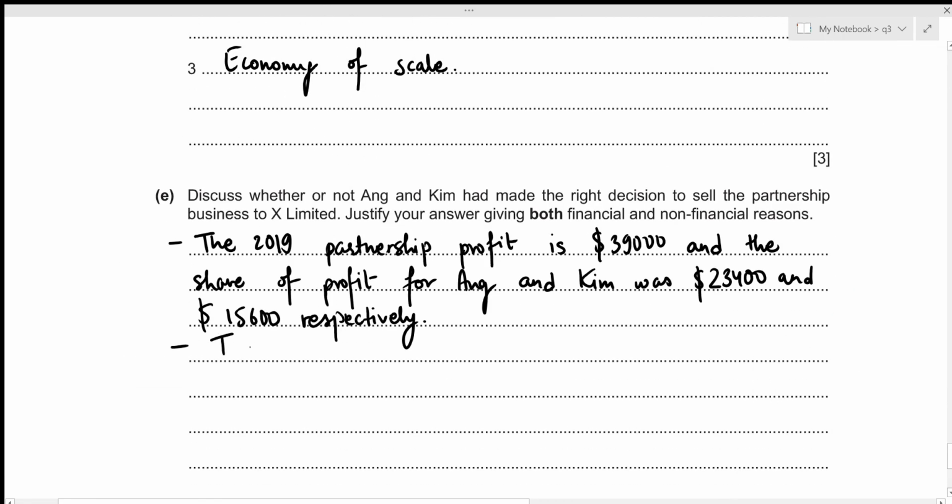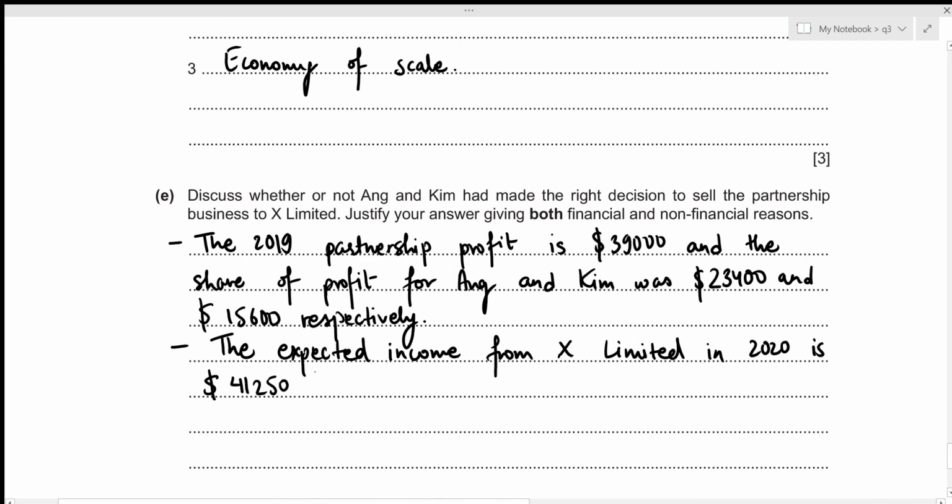The expected income from X Limited in 2020 is 41,250 for both Ang and Kim. Okay, so we can see that previously they were receiving 23,400 and 15,600, but now their income has increased to 41,250.